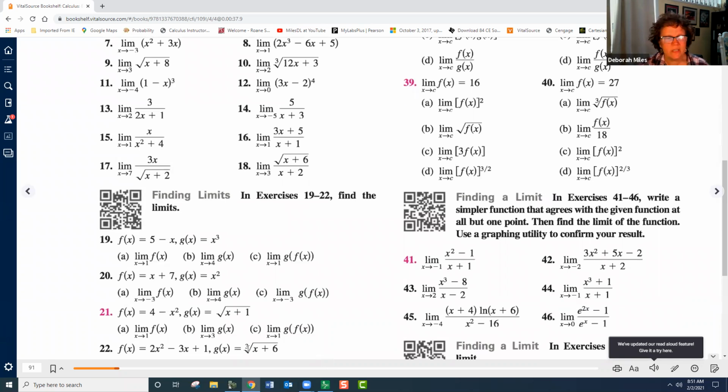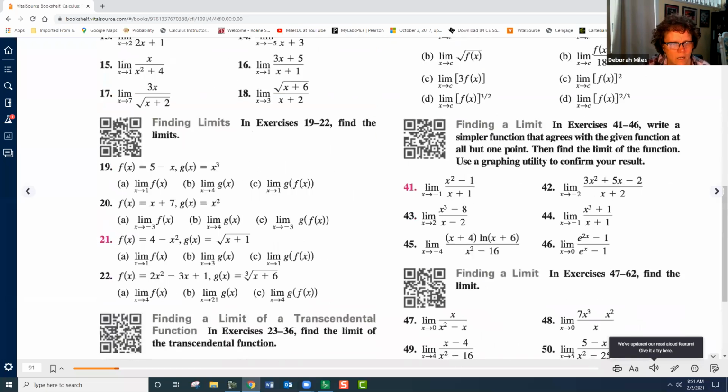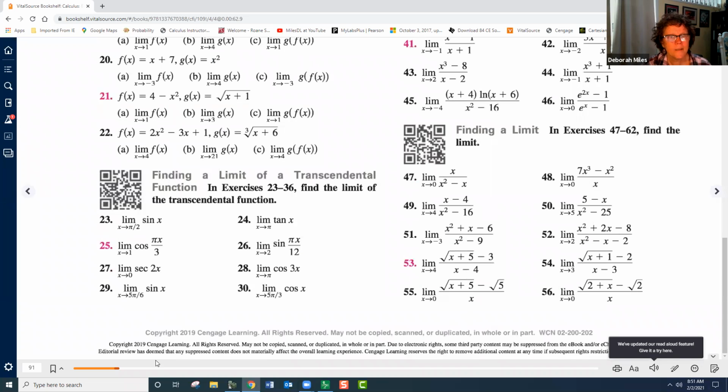You do 5 through 17, and then you skip to 23. You can do these by direct substitution. 24, you can let x be pi. You can tell me what tangent of pi is. And number 26, let x be 2. And you would have sine of pi over 6. You can do that.